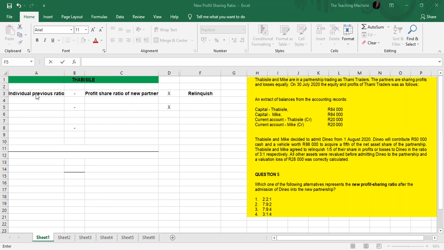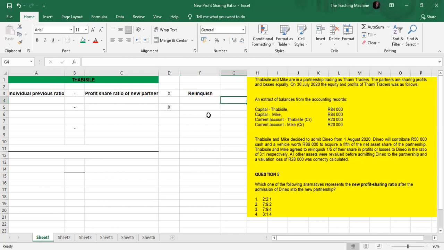So it is the individual previous ratio minus the profit share ratio multiplied by the relinquished portion, the portion in which the partners have decided to share their profit and losses with the new partner. So in this example, they have decided to relinquish 1/5 of their profits and losses.